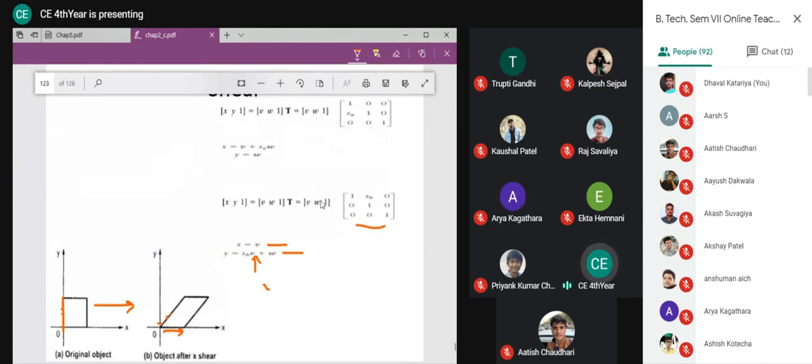Now the multiplication will result into V, and for the y, V into SH plus W, that is, V into that constant plus W. So my W is varying as X varies. That will give me the shear.